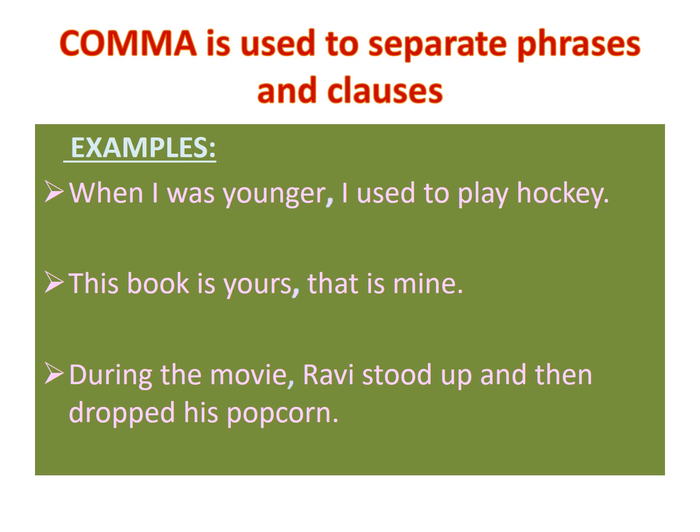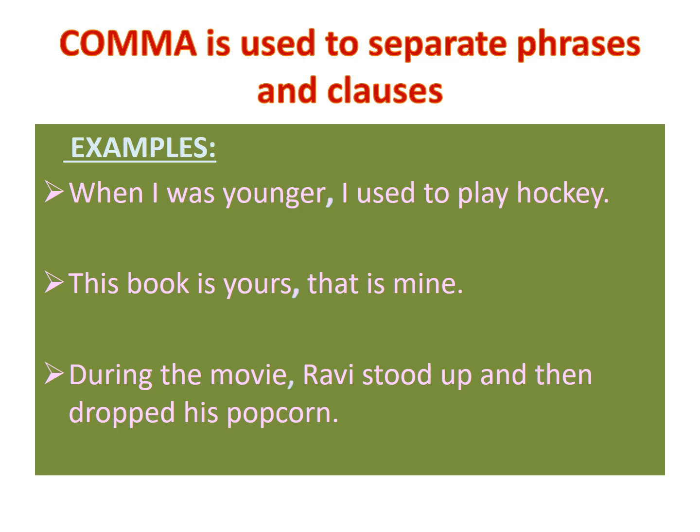And these two clauses are separated with the help of a comma. Now the second example. This book is yours, that is mine. Again, the two clauses used in this sentence are independent and they are separated by the comma.